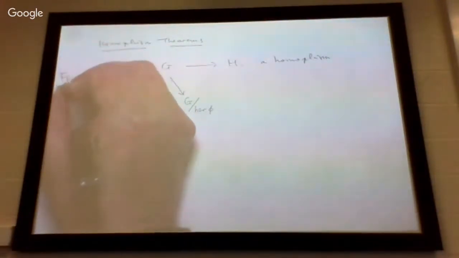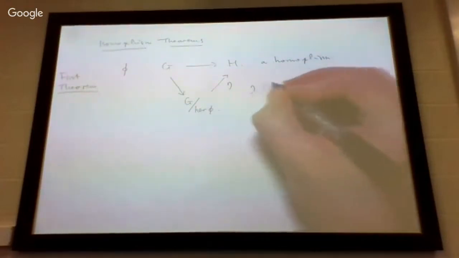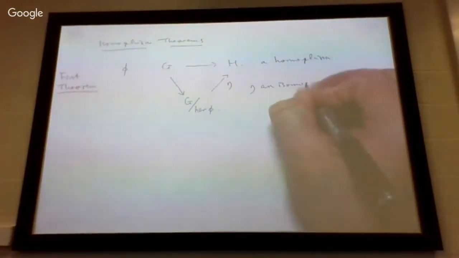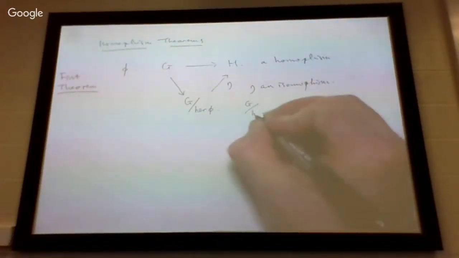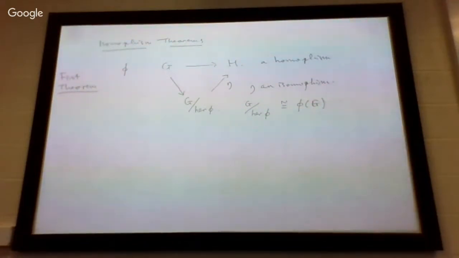And what the first isomorphism theorem says is that this simplified view of G is isomorphic to this map eta, and eta is an isomorphism, showing that this simplified view of G, the factor of G by the kernel, is isomorphic to the image of the original, the image of G under the original homomorphism.